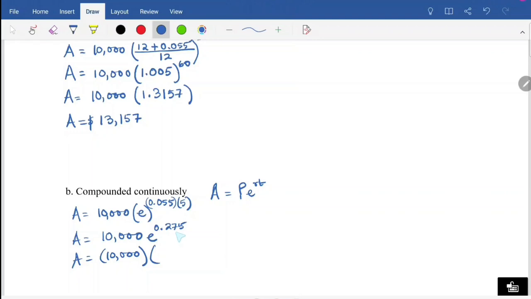There should be a button for e, raised to the power 0.275, and that is a value 1.3165. When we do this multiplication, we will get an amount which is $13,165. So that's the final answer, and because this is a word problem, you can write the final answer in a sentence.